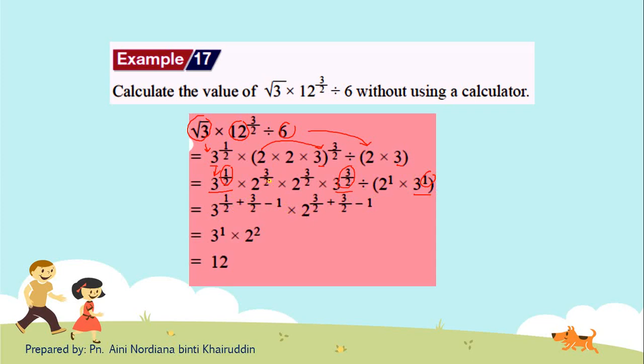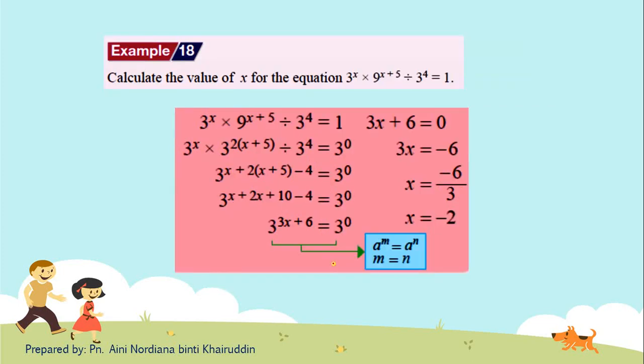For base 2, 3 over 2 plus 3 over 2 minus 1. You can use your calculator to calculate this. And then you will get 3 to the power of 1 times 2 squared. Then the final answer is 12.